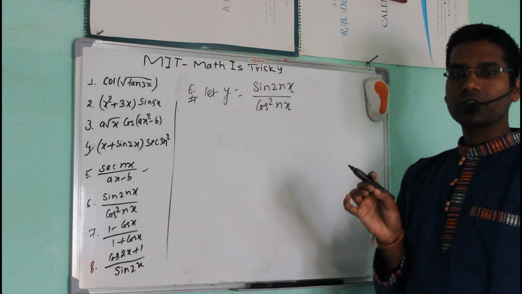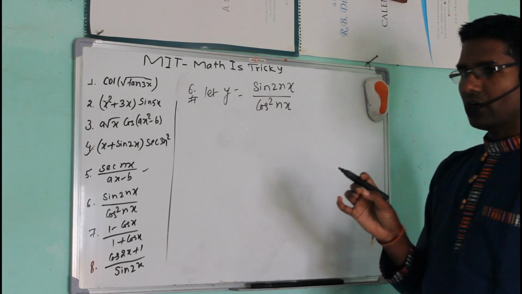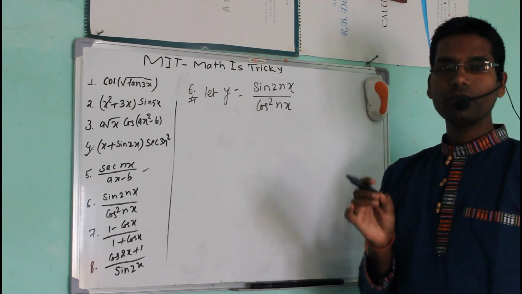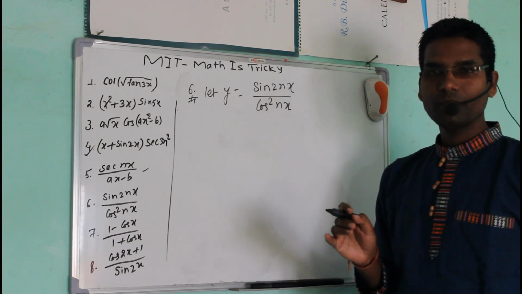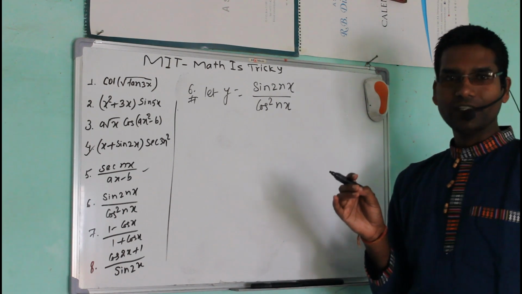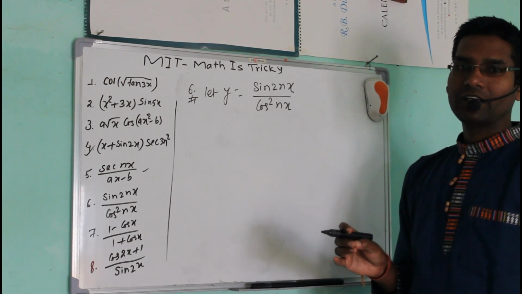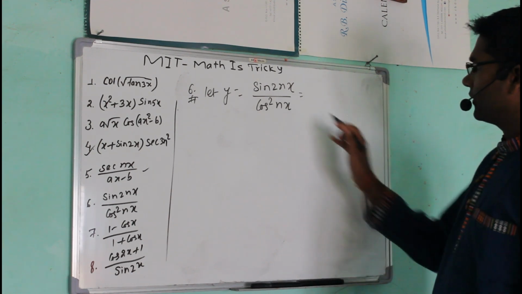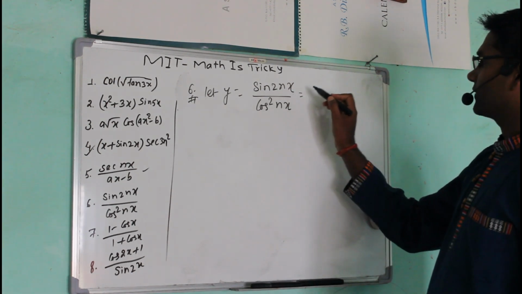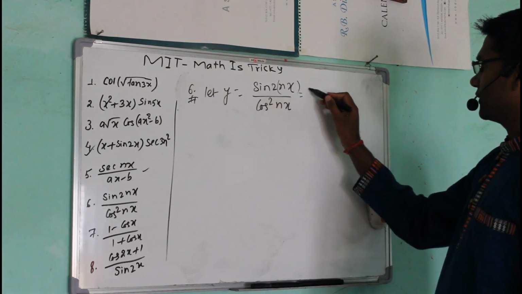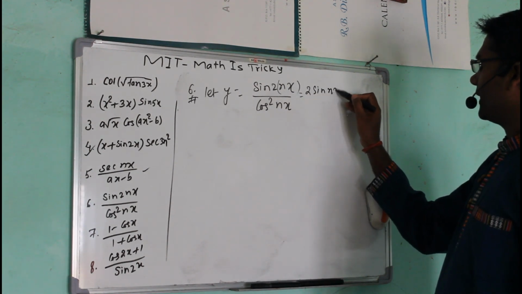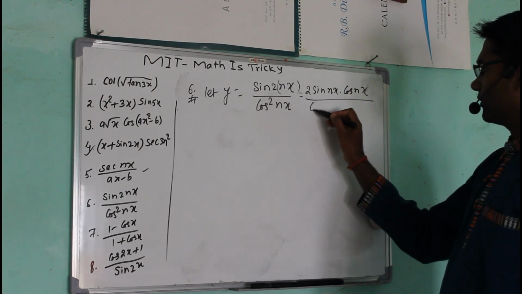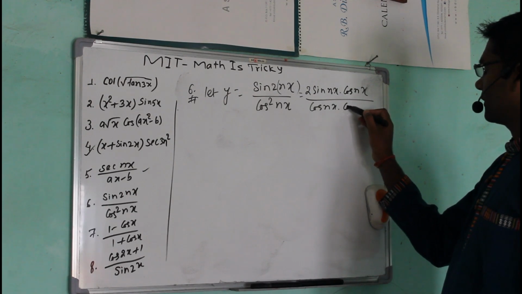Sometimes, especially in trigonometry, although it looks like it is in the quotient form, or fx by gx form, if we simplify it first, it will be easier to solve. For the sine 2x formula, let's use 2 sine nx into cos nx, divided by cos nx into cos nx.